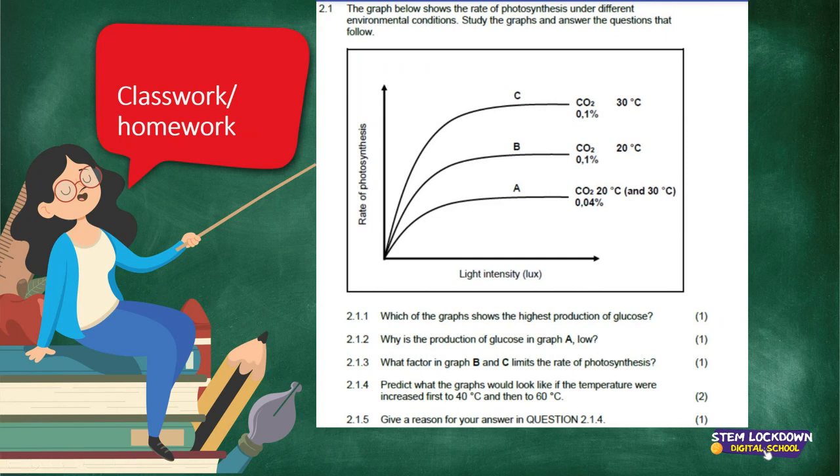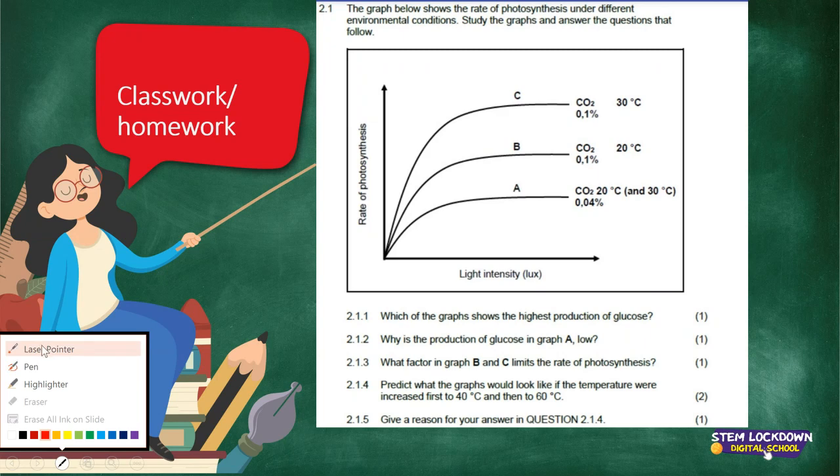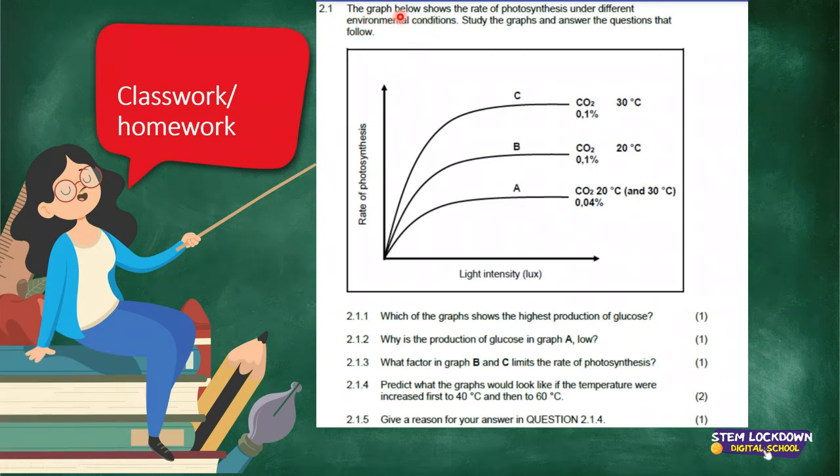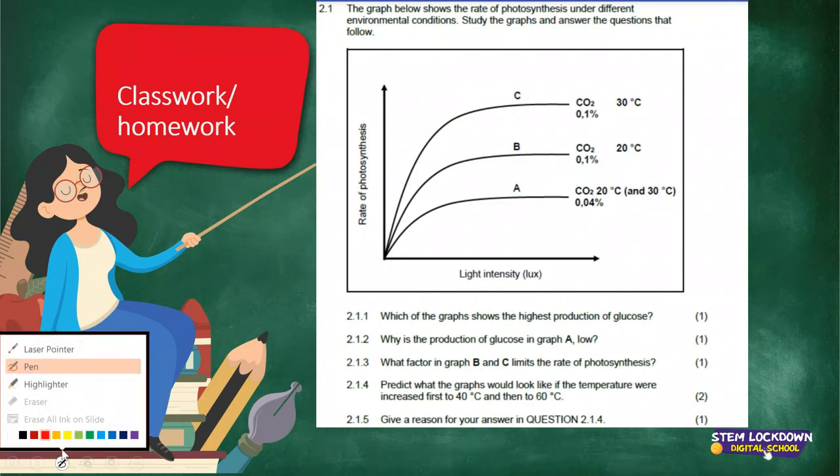Okay, so question 2.1, this was found in a previous exam paper. It reads as follows. The graph below shows the rate of photosynthesis. I just want to go through this with you guys, that you should do this when you read and answer questions like this.